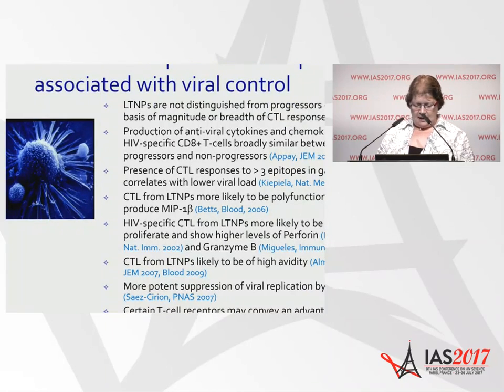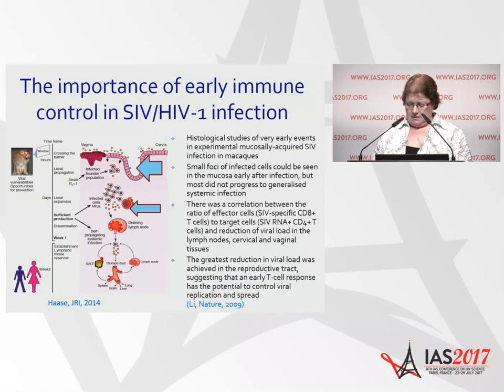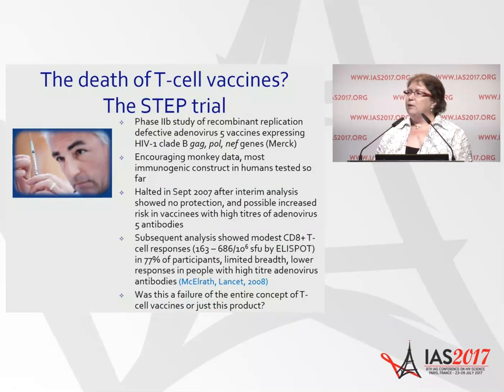Then we went through the bleak years of T cells that followed the STEP trial, which at the time was thought to be the best and most immunogenic T-cell inducing vaccine. And as you probably all know, the trial was halted because interim analysis showed no protection and possibly even an increased risk under certain circumstances.